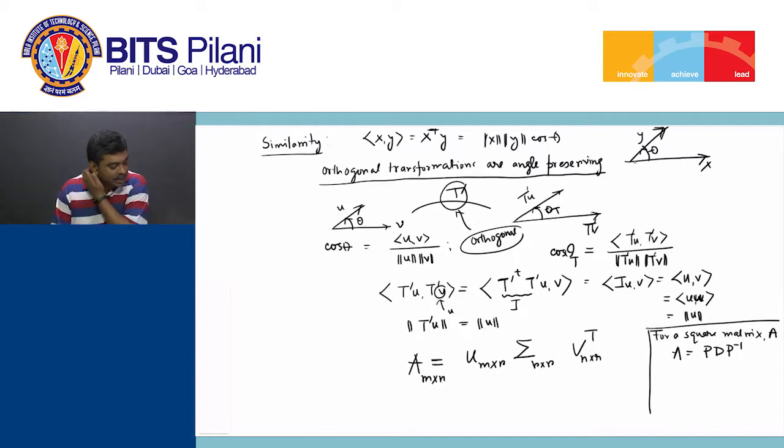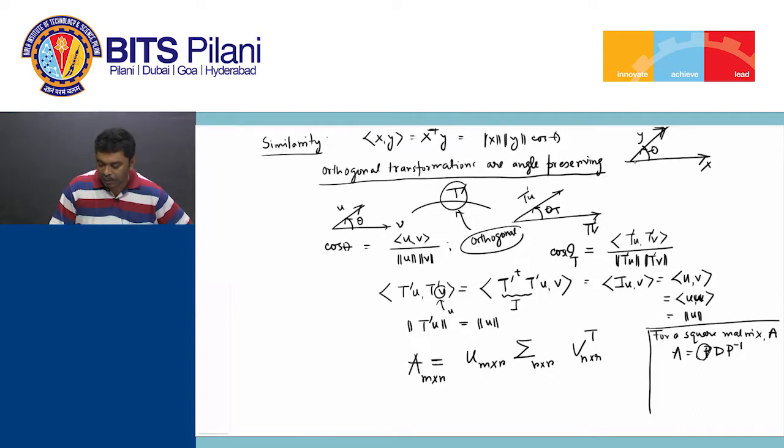You must have seen this, right? This D is a diagonal matrix which contains all the eigenvalues of A, and the columns of P contain the eigenvectors of A. Therefore, if the eigenvalues are real and distinct, the columns of P will be linearly independent, and if the columns are linearly independent, the matrix is invertible, and therefore the inverse on the right hand side exists.